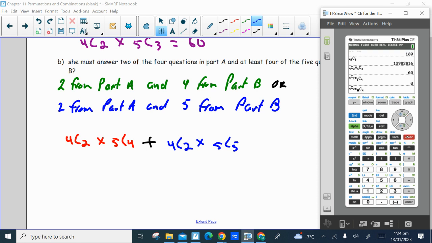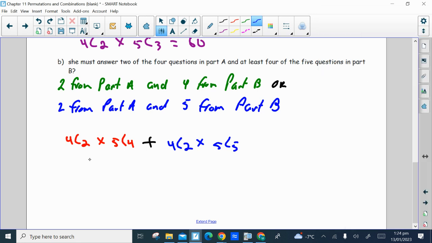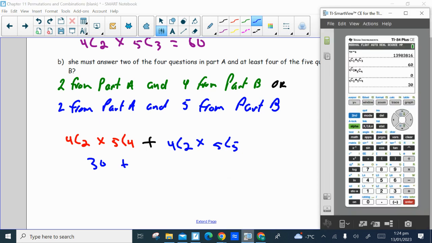No, I can't. 4C2. Put the arrow there to get out of that subscript. So that gives us 30. And then 4C2 times 5C5.